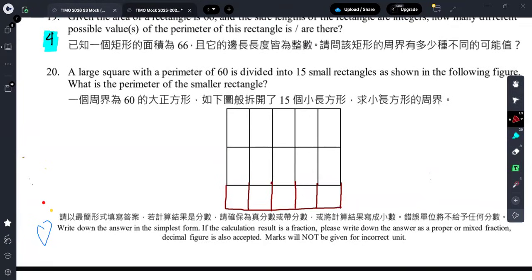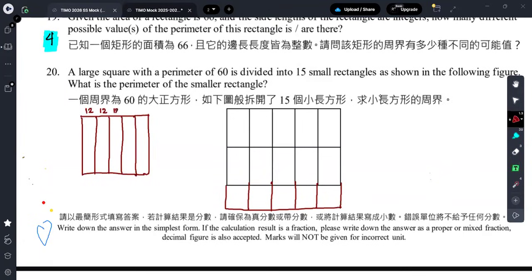Okay, so from here, if you look at the sides, if this is the square, you divide it by 5. 1, 2, 3, 4, 5. That means each of these is 12. This is 12, this is 12, and this is 12.